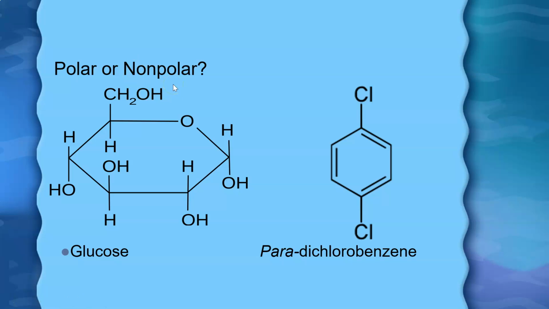Also, I notice whenever I have a hydrogen directly connected to oxygen, that's a point where I start thinking about hydrogen bonding with these very, very polar bonds here. If I look at the overall molecule, I can see that I have three OHs on the bottom side of this ring and two OH groups on the top. So it is not symmetrical. And so this would be a polar molecule.